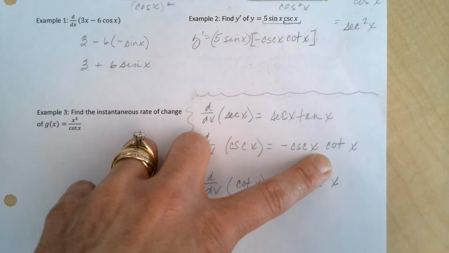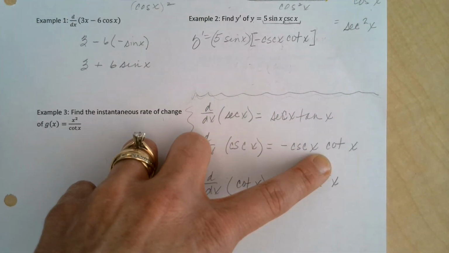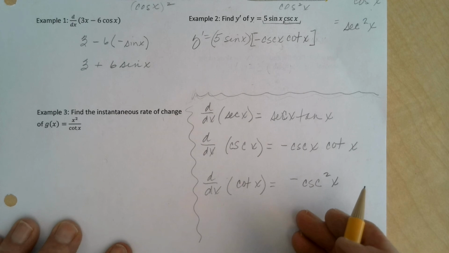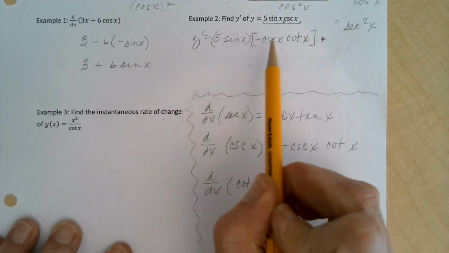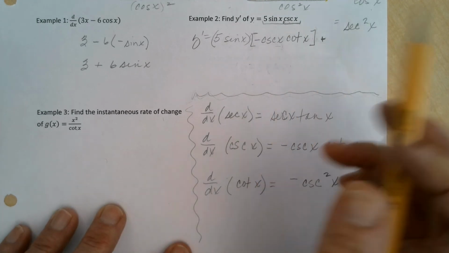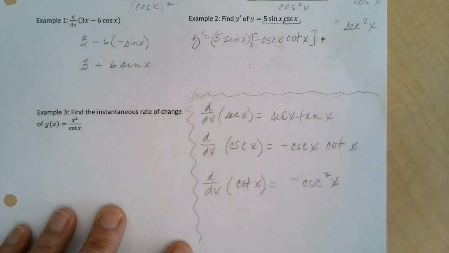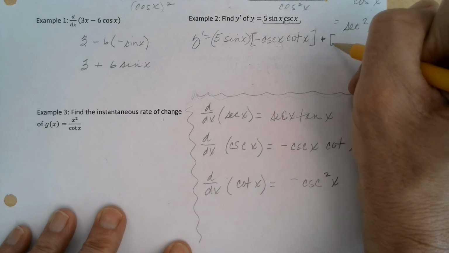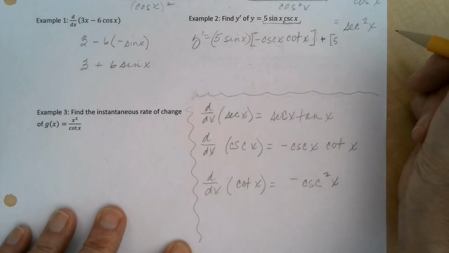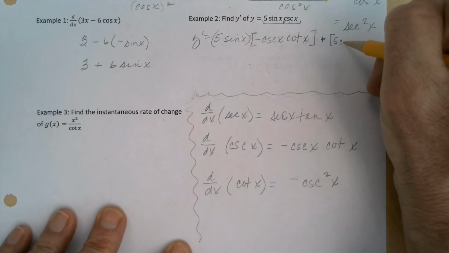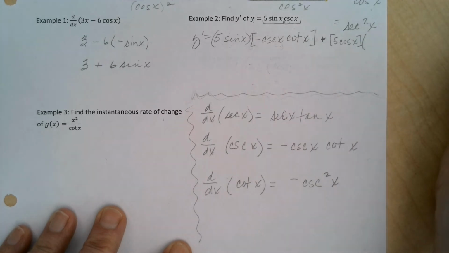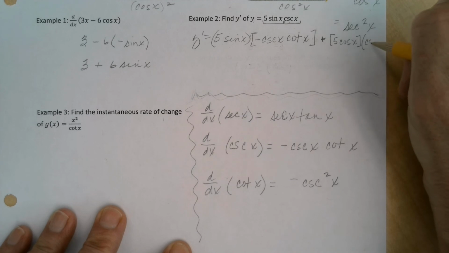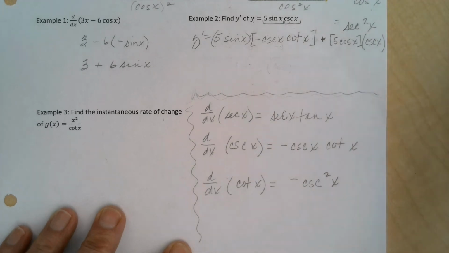I don't know why we don't have boxes to fill in that data. Plus the first times the derivative of the second times the derivative of the first, which is going to be 5 cosine of x, times the second, which is cosecant of x.